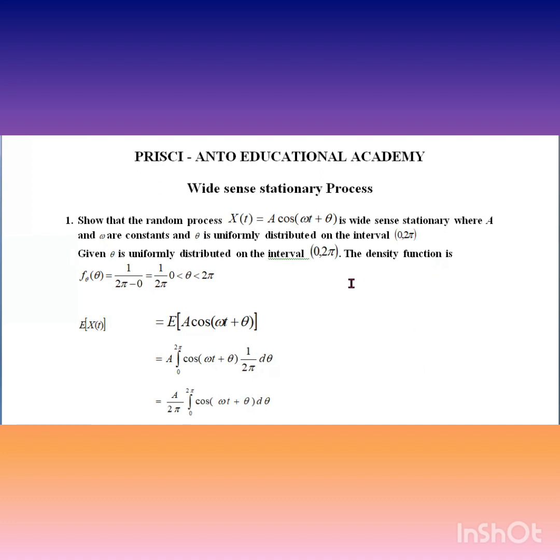What is the a? What is the b here? In the interval, a is 0, b is 2 pi. So f of theta is equal to 1 divided by 2 pi minus 0, which is equal to 1 divided by 2 pi. So the limit is theta, the limit is 0 to 2 pi.